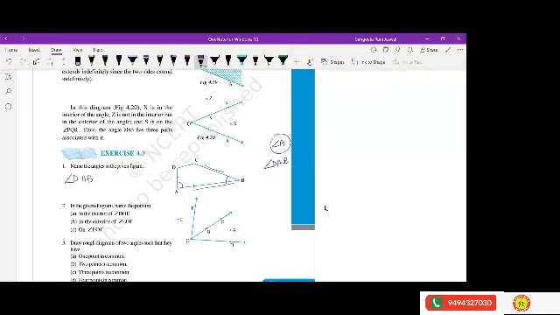Is it? This angle is lying between these two line segments, no? So I write the name of the angle as CBA. What will I write? CBA. This angle is CBA. You understood this?